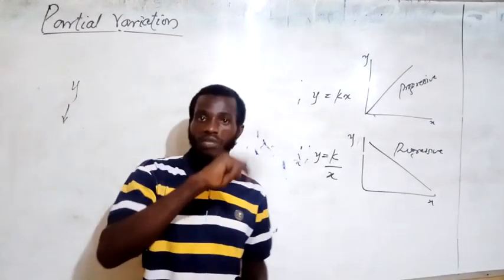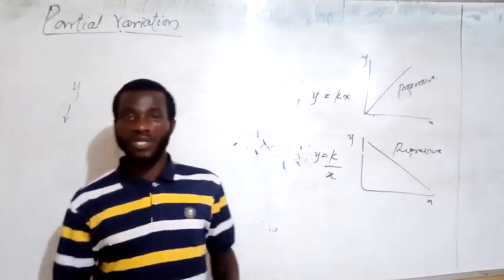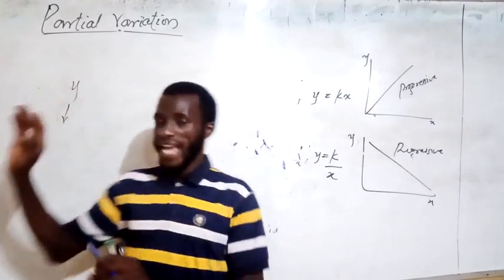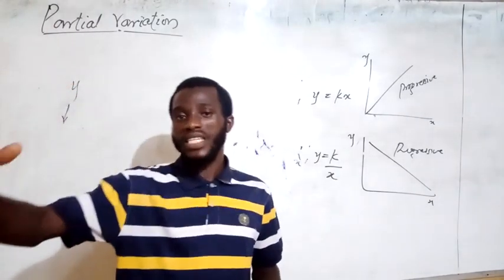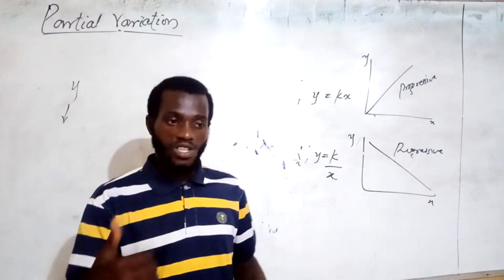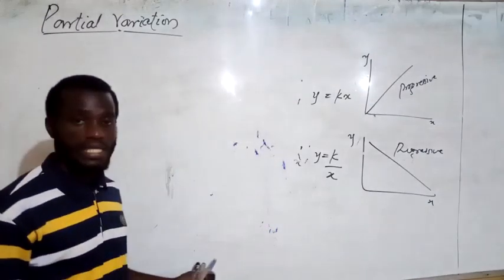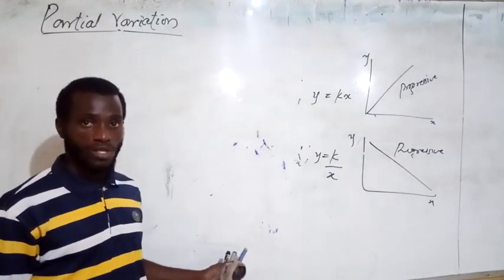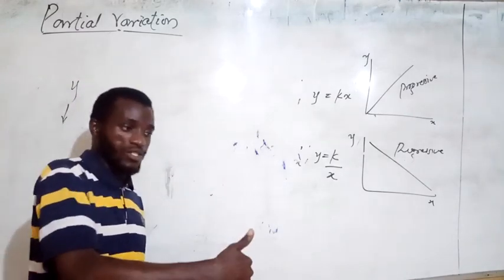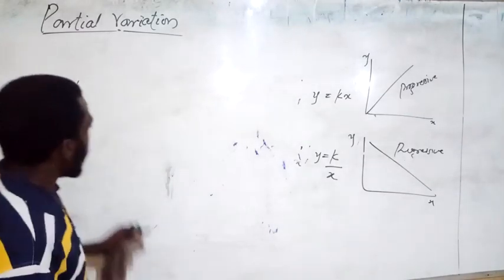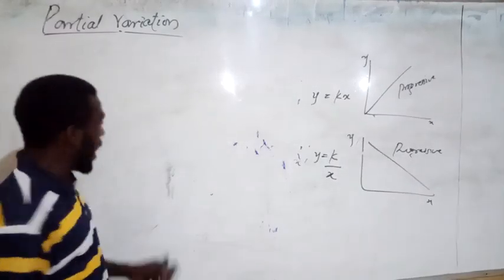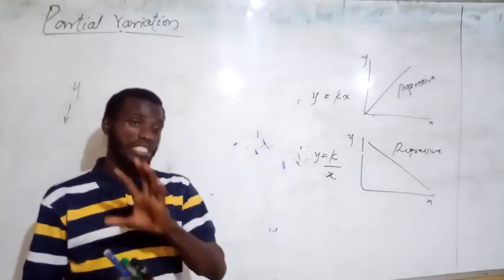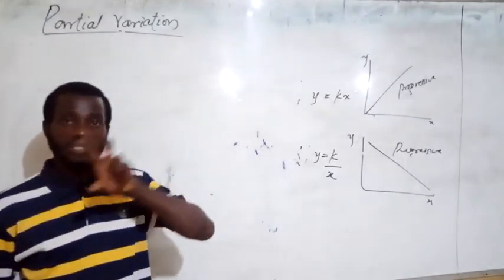So we have two independent variables, one dependent variable. So that dependent variable y is not always totally dependent on either of both variables, as the case is in joint variation, such that y is totally dependent on x and totally dependent on z at the same time. But in the partial variation, y is only partially dependent on x, and partially dependent on z.